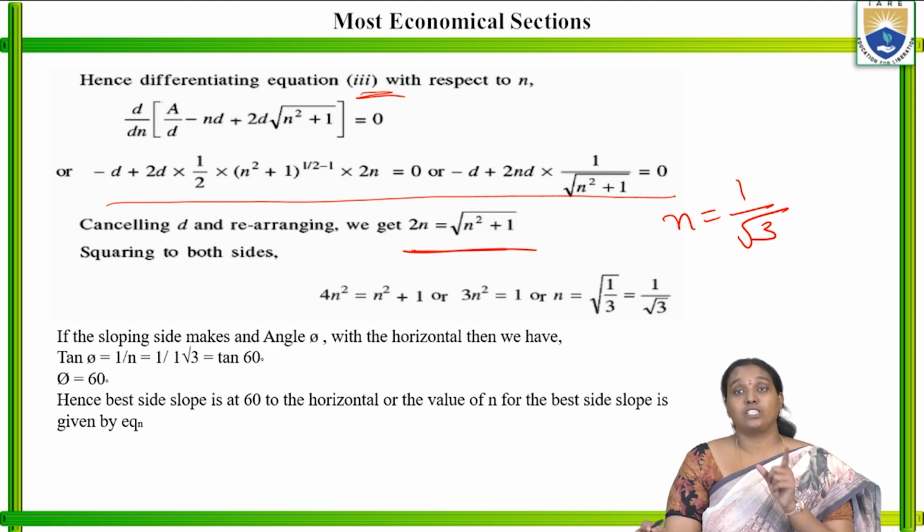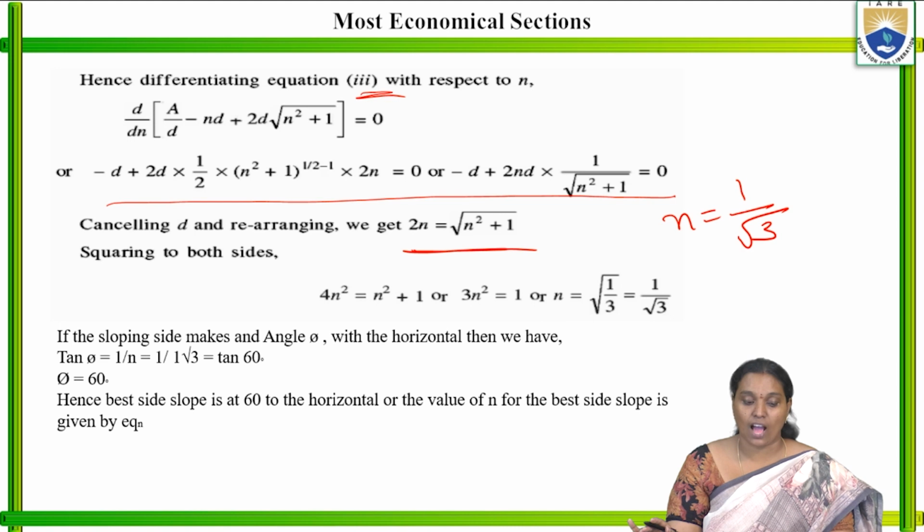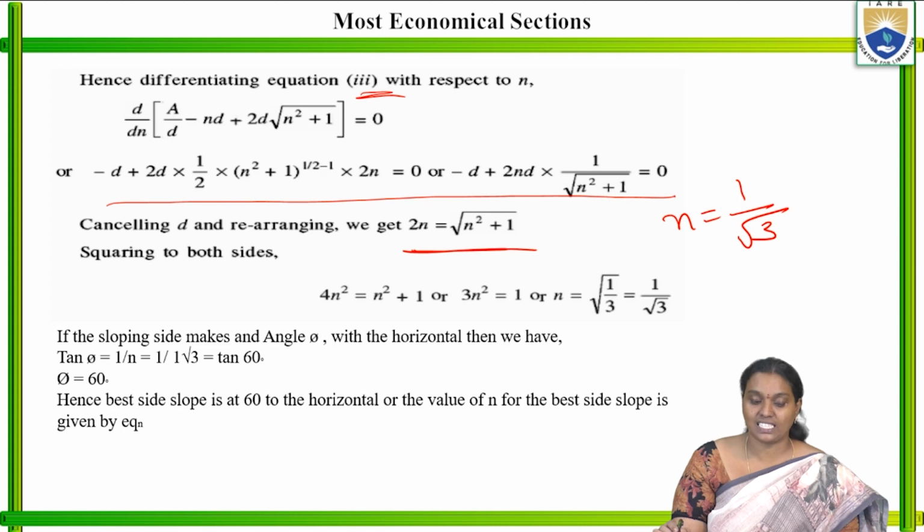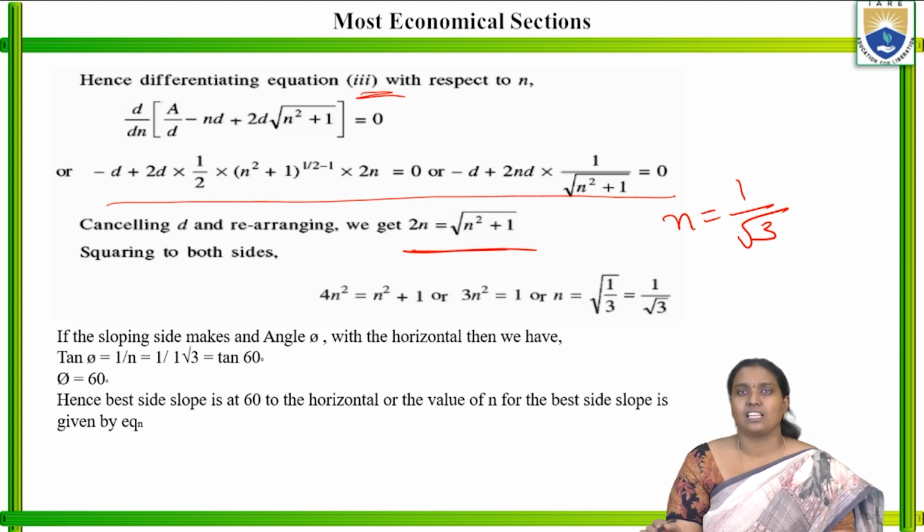If the side slope makes an angle theta with the horizontal, then tan theta is equal to 1 by n, that is equal to 1 by root 3. It means 60 degrees. Hence the best side slope is at 60 degrees to the horizontal, or the value of n given by this equation.